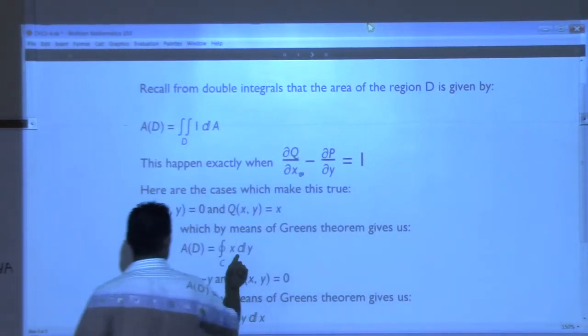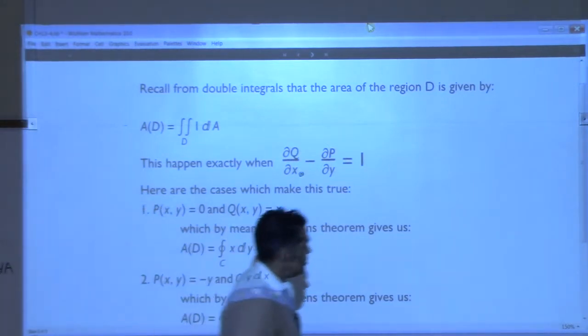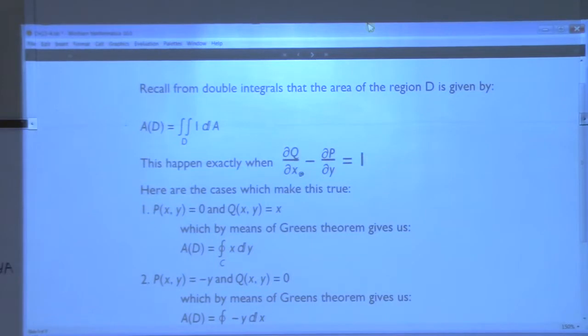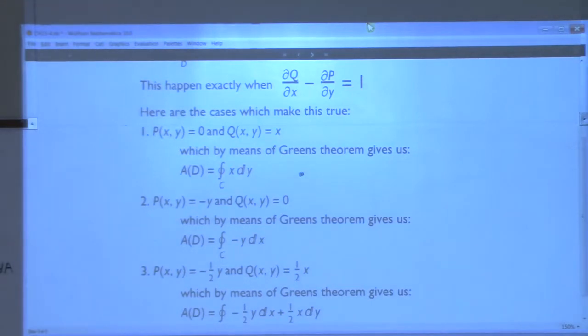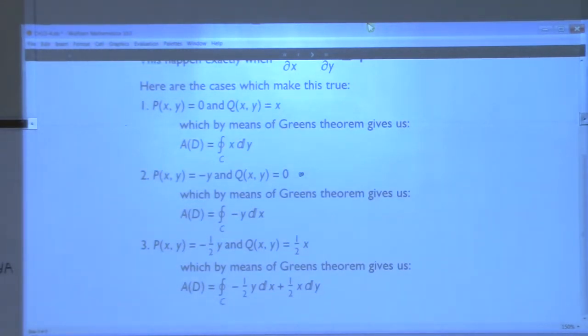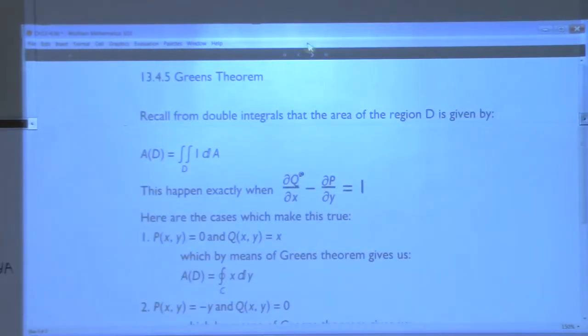Yes, it's this formula going back to here, replacing p and q with what we said they had to be. So we could do that, or if we didn't like that, we could do the line integral along C, the closed curve, of the second one, which would be negative y dx. Or we could do the last one. I'm not going to write that one down.